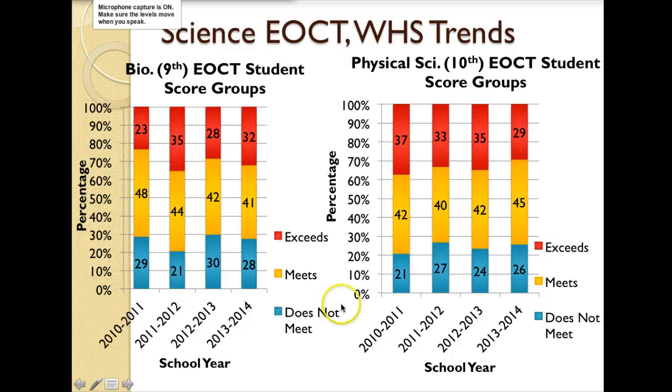As we look at the breakdown, just kind of similar story here, just kind of up and down in exceeds and does not meet in our biology. Pretty much the same story over here, up and down with our physical science.